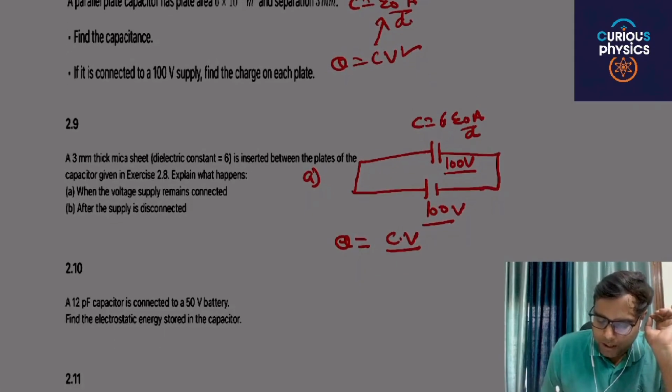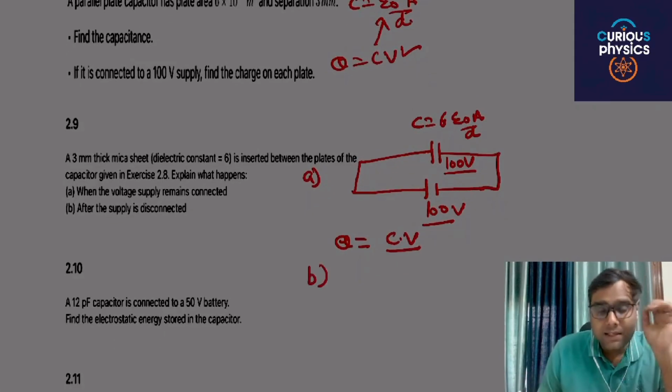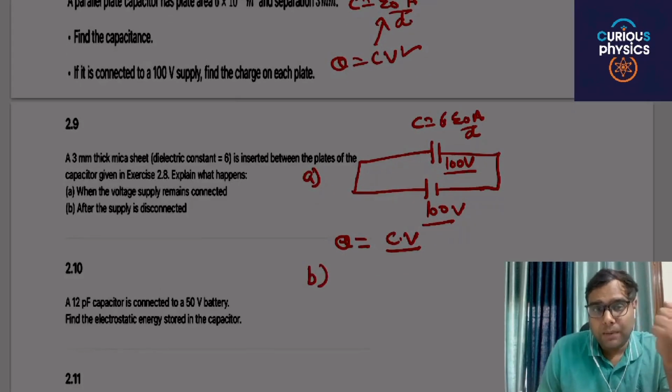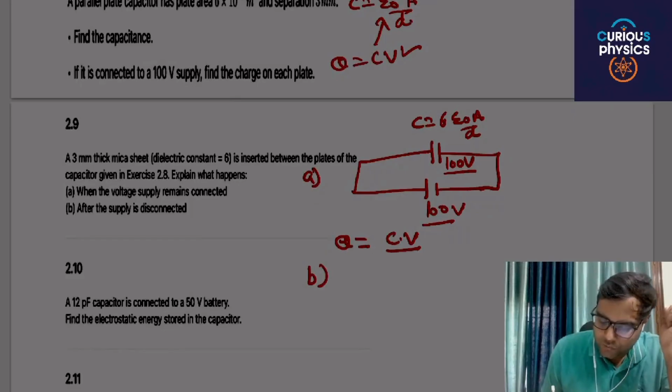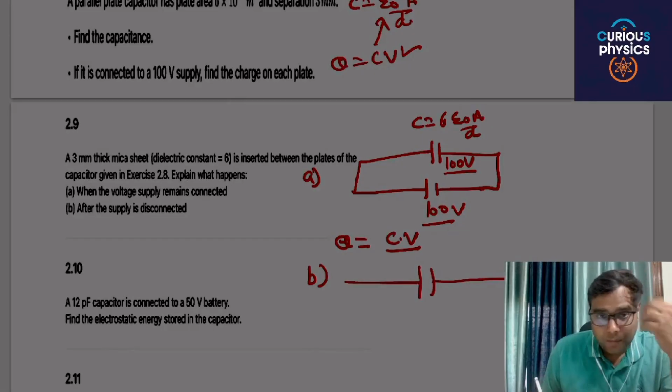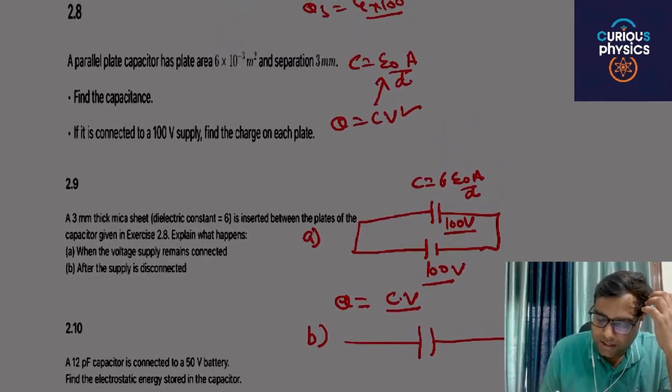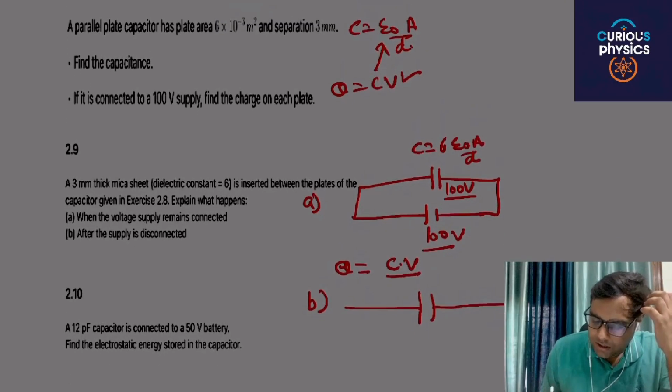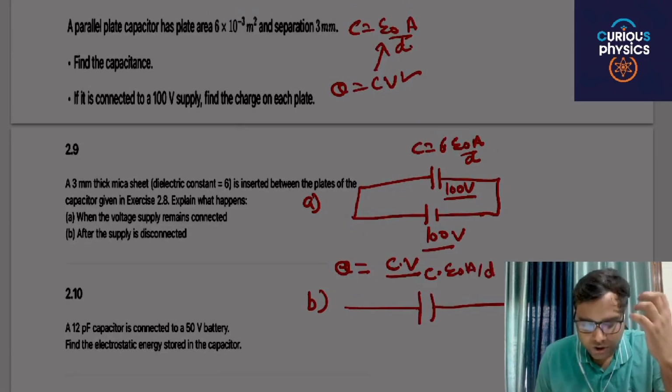In B part, after the supply is disconnected, you will get a situation like this. This is the capacitor, and the supply is disconnected, and you have the charge. The charge will be C into V, epsilon naught A by D, which we have discussed in question number 2.8.